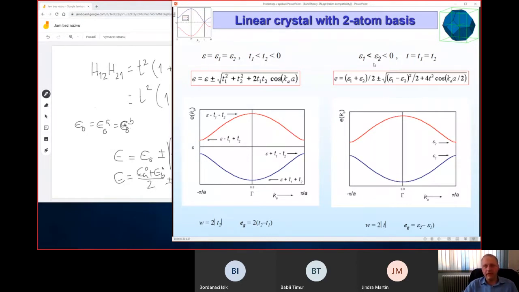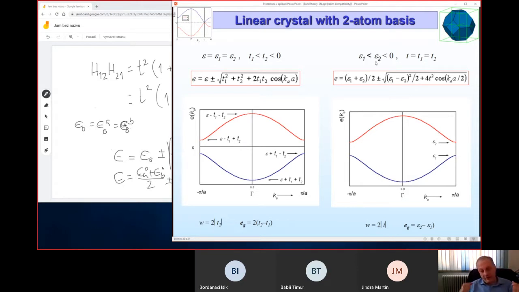Now the second example, or second case, is the case of formation of an ionic insulator, and the ionic insulator is characterized by a very big difference between the energies E0A and E0B.